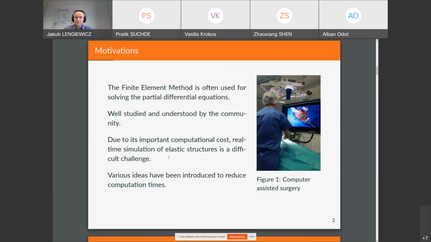And we want to leverage the approximation capability of neural networks in order to perform this kind of computation in real time. For example, in the context of computer-assisted surgery, the surgeon cannot wait 1 hour for the computation to end, so we will need faster solutions.